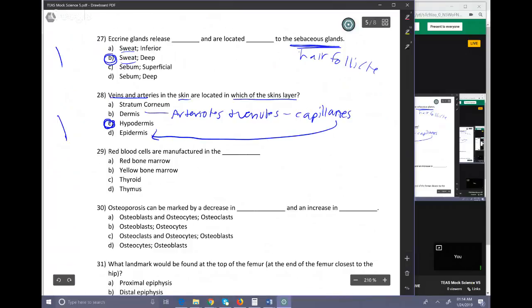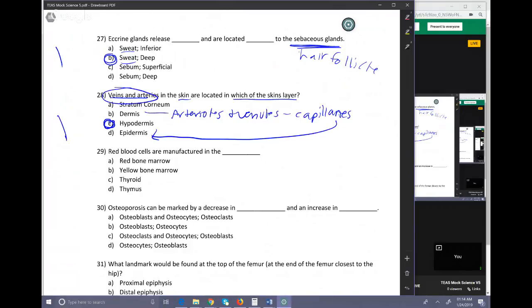So there are no blood vessels actually in the epidermis. The epidermis is epithelial tissue, which does not get blood supplied directly, but almost. And then the hypodermis has fat, which can house the actual blood vessels, which are the veins and the arteries.